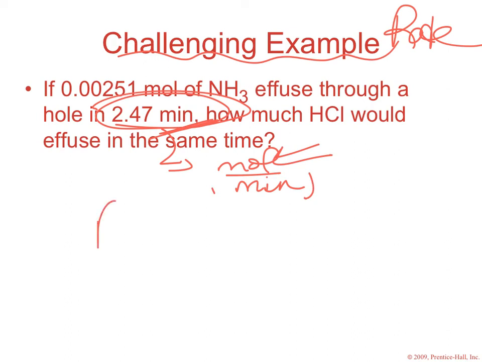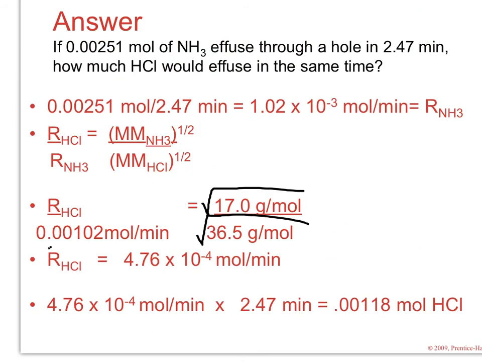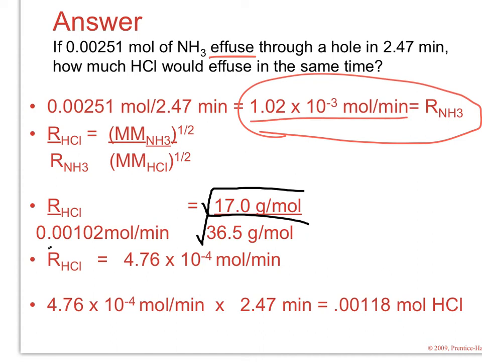So in order to get the rate of NH3, you would have to do an initial step, which is 0.00251 moles in 2.47 minutes. That would give you the rate of effusion. So you'd have to do that first before you plug into Graham's Law. If you do that, you get that the rate of effusion is 1.02 times 10 to the minus 3. Now you can use Graham's Law.